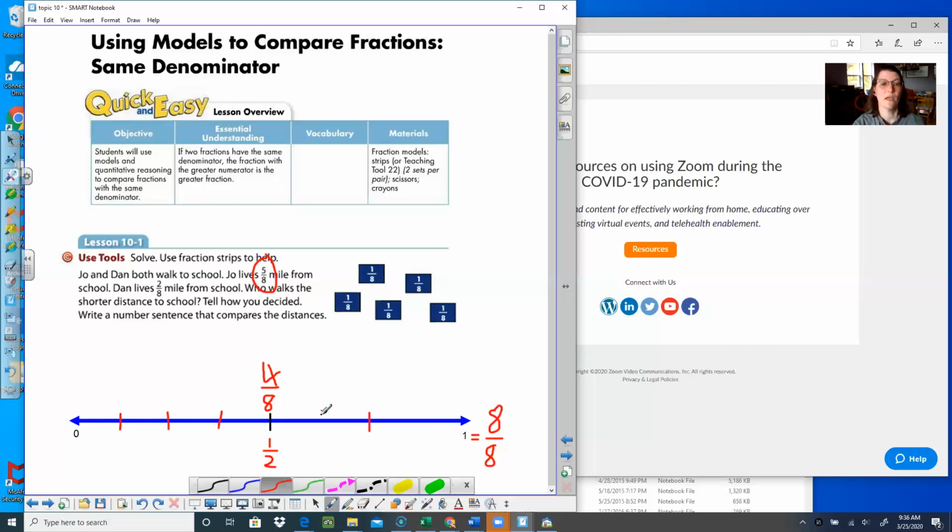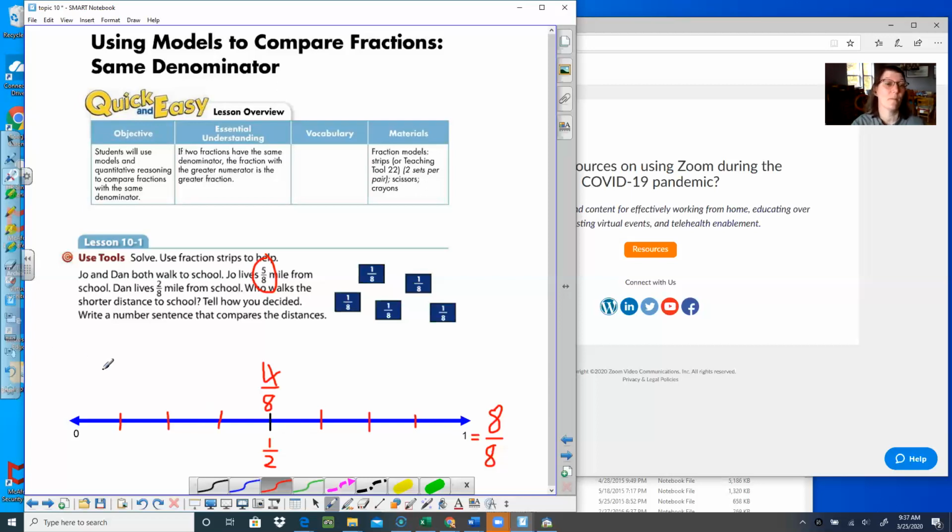I'm going to cut this guy in half. Whoop. Hopefully yours is looking a little neater than mine. That's not the best spacing in the world. And this guy in half. Okay, so if I count my bunny jumps, count with me. 1, 2, 3, 4, yay, it matches. 5, 6, 7, 8. So I have the right number of jumps on my number line.